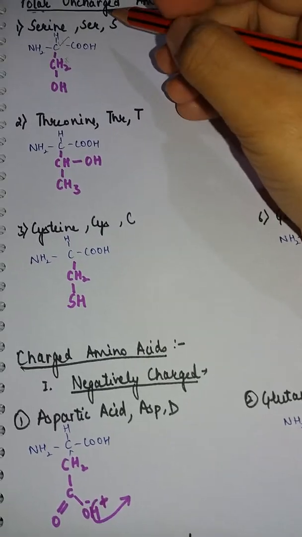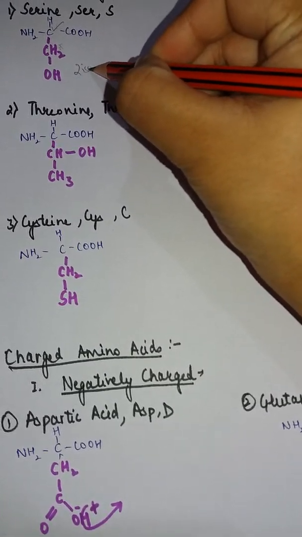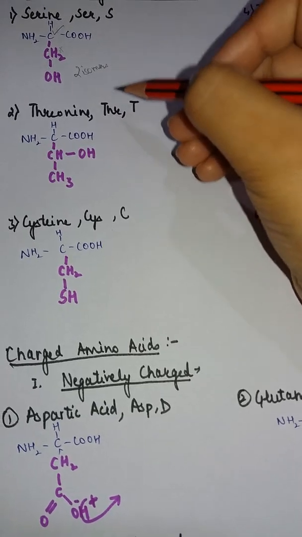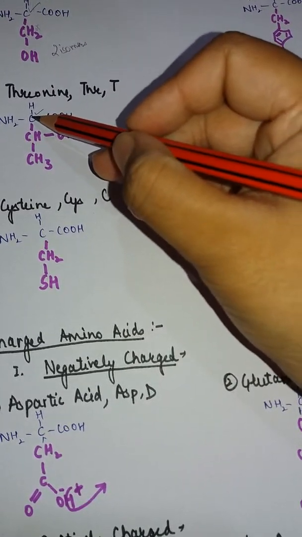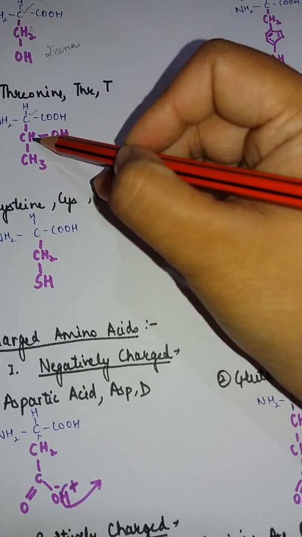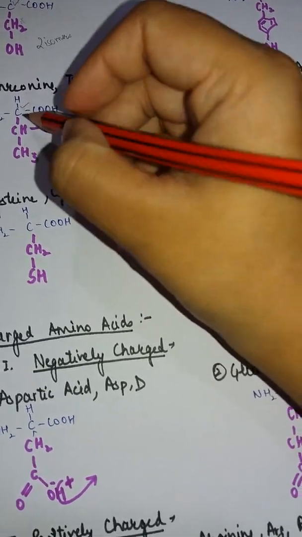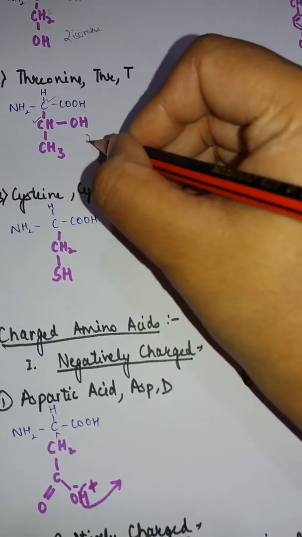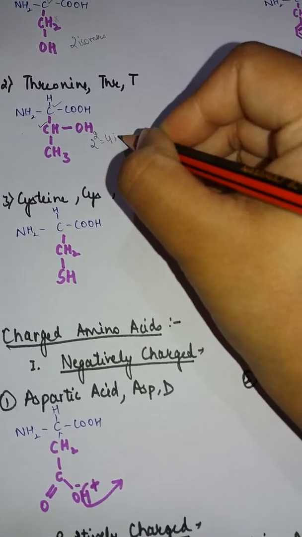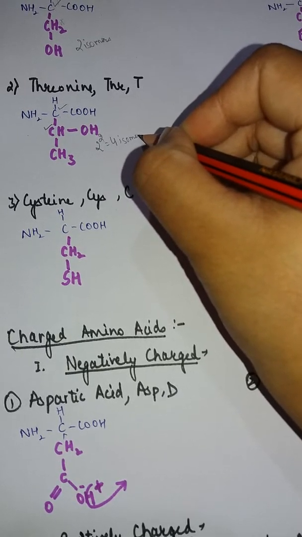This can't be an alpha carbon, so here also 2 isomers are possible. And threonine, this is a chiral carbon. This contains 1H, 1OH, 1CH3. This is also a chiral carbon, so it will have 2 raised to the power 2, that will be 4 isomers possible.